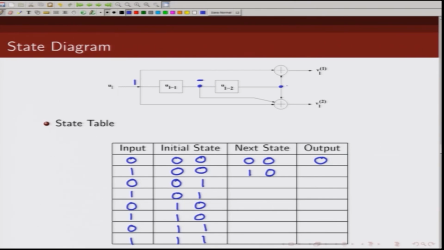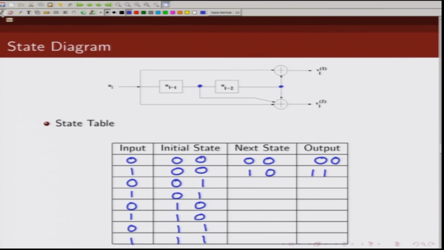So, the next state would be 1, 0. And what will be the output? Since the input is 1, initial states are 0. So, 1 plus 0 will be 1, and 1 plus 0 plus 0 will be 1. So, this output will be 1, and this output is 0, 0. We have already mentioned this.